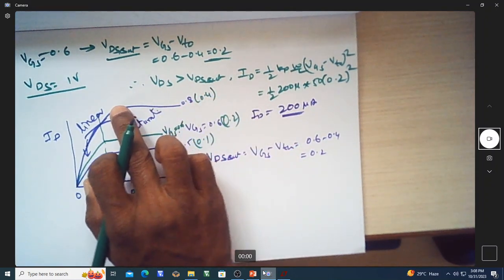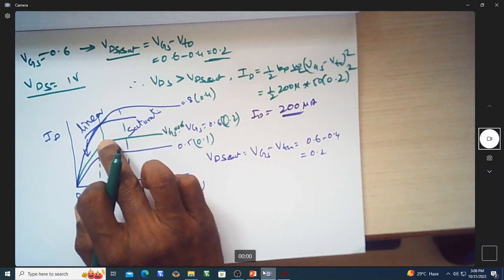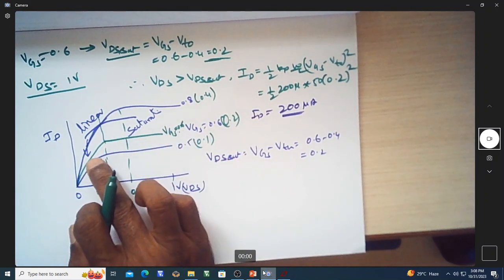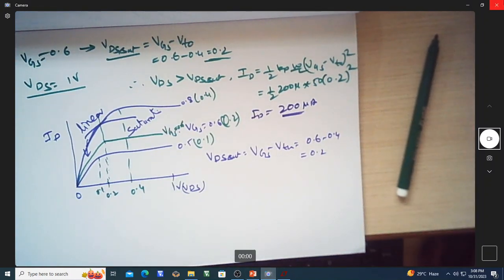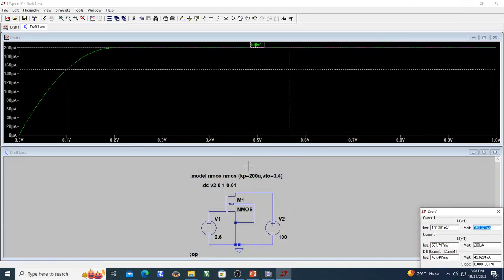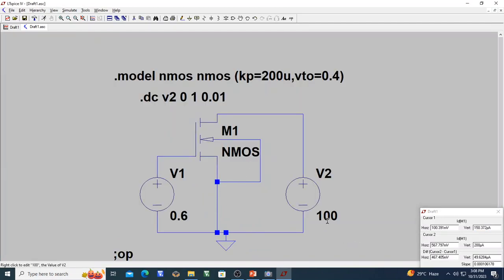Beyond 0.4 it is constant, beyond 0.2 volt it is constant, beyond 0.1 it is constant. So that's what we can see, the family of curves for this MOSFET, which I can do by not only sweeping this, I should sweep this also.